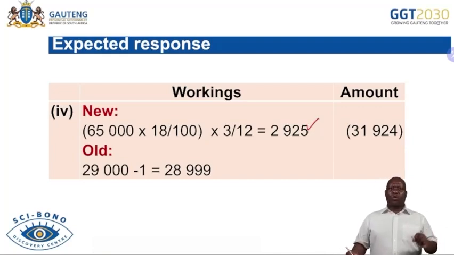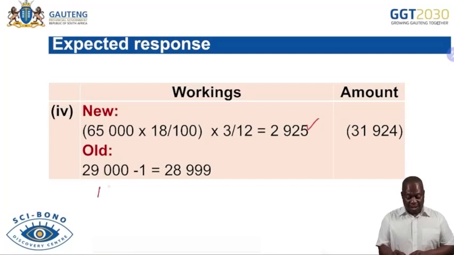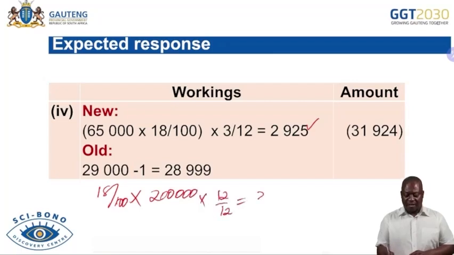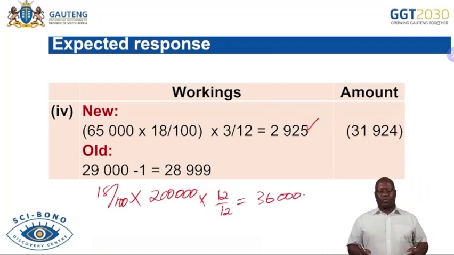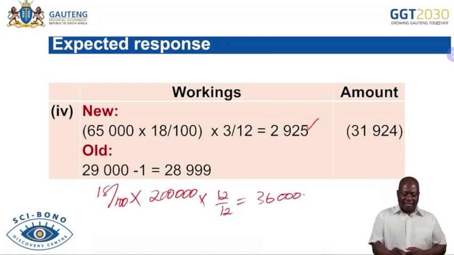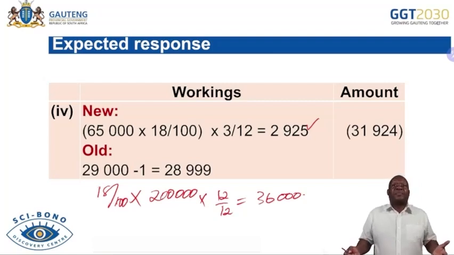But let's go to the old one. When we are calculating depreciation and we say 18% times 200,000, and remember, for the whole year, it is giving us 36,000. That's not possible because whatever is left is only 29,000.